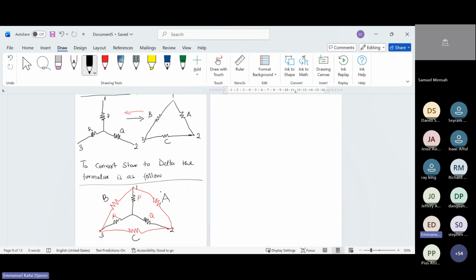Now, if I want to convert a star to a delta, I don't have to stress myself too much at all.